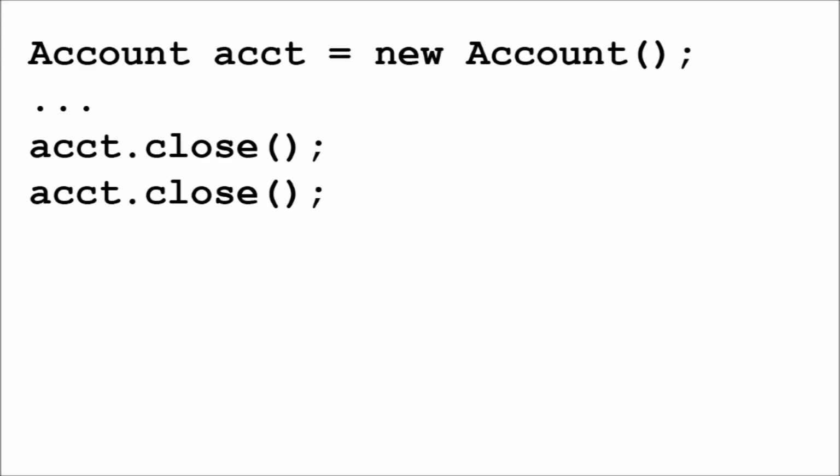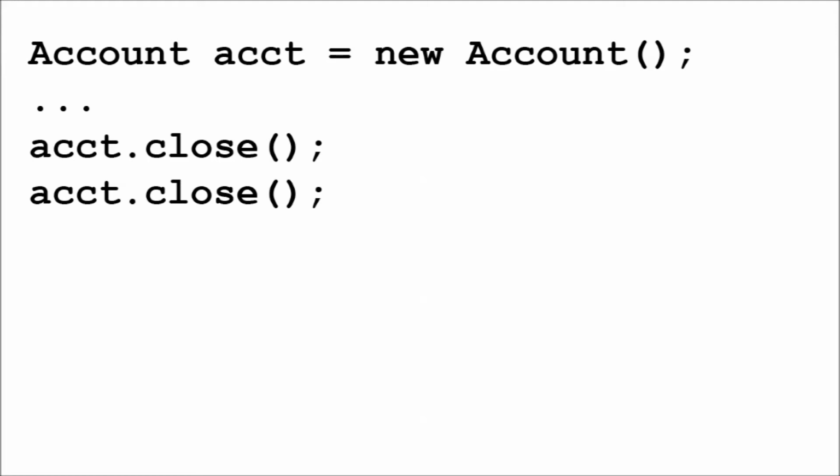In this example, we use an account object. We create a new account object, and then we call account.close. Now clearly account.close has a side effect. The side effect is to close the account. But is the function close idempotent?